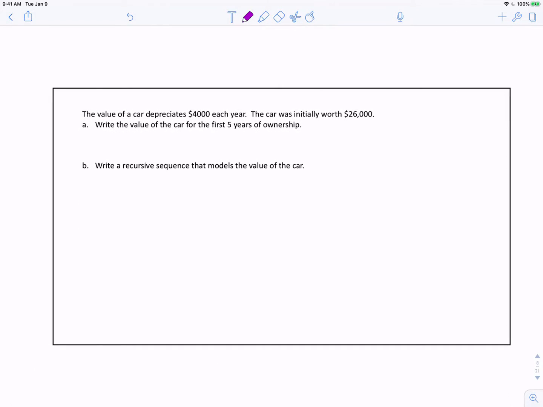The value of a car depreciates $4,000 each year. The car was initially worth $26,000. Write the value of the car for the first 5 years of ownership. Okay, so in year 1, it was worth $26,000. In year 2, it would be worth $4,000 less.